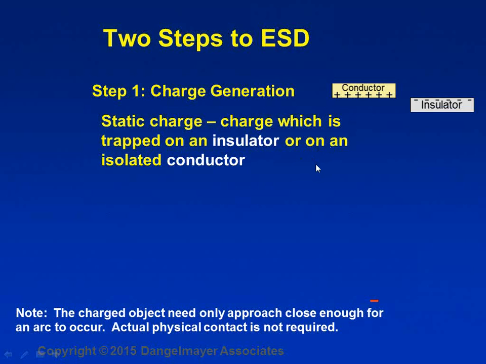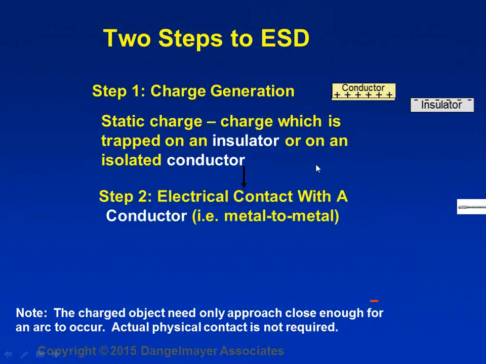What does cause the damage is step 2, where the device is then grounded, or contact is made to another conductor at a different potential. We refer to this as metal-to-metal contact. When that occurs, the charge is swiftly removed.